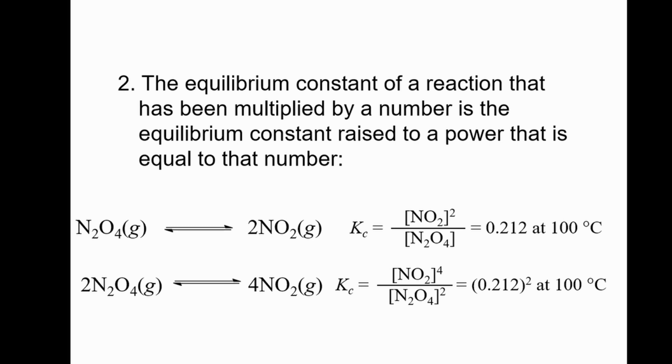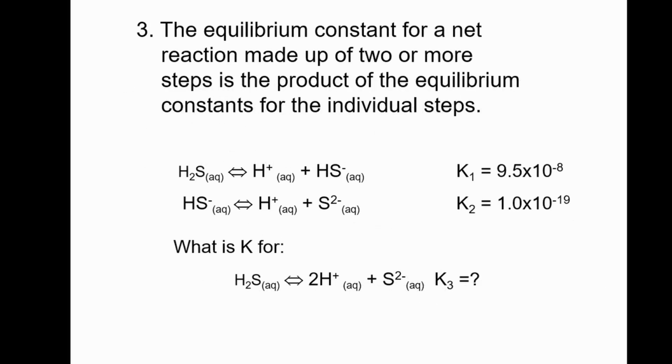Why would we want to do such crazy things? Well, sometimes we might have an equilibrium process that is really a function of a couple different things going on. Here's kind of a good example of that. H2S in aqueous solution can give us a hydrogen ion and hydrogen sulfide. So this is foreshadowing of acid-base reactions.